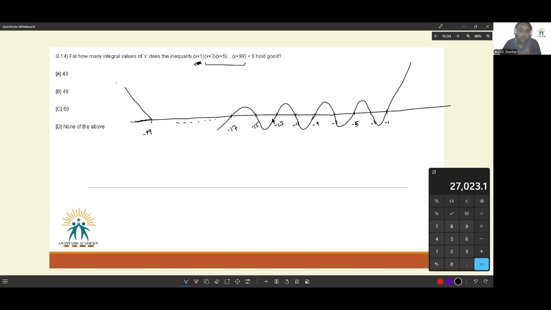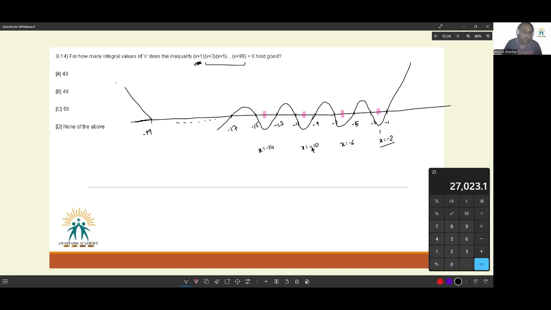What is happening in between, I don't care for, because now notice for what integral values are you getting a negative value for this function? Can you see it will be between -1 and -2? So at x equal to -2, at x equal to -6, at x equal to -10, at x equal to -14.